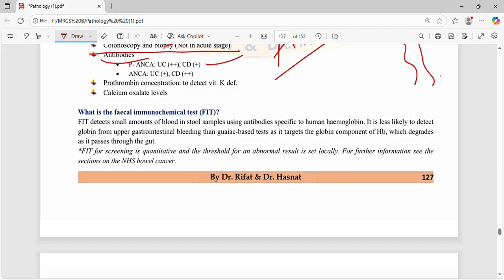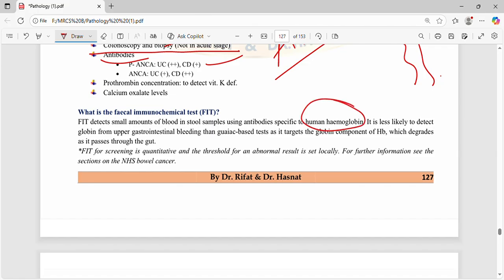What is the fecal immunochemical test? It detects small amounts of blood in stool samples using antibodies specific to human hemoglobin. It is a very good test compared to the conventional guaiac-based test because it uses specific antibodies to human hemoglobin.